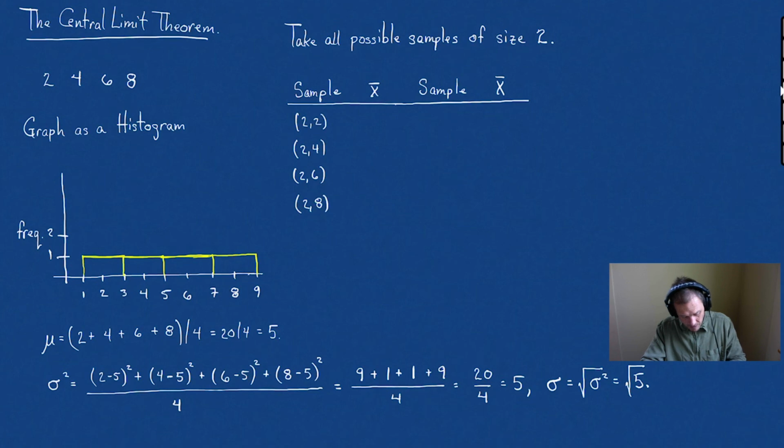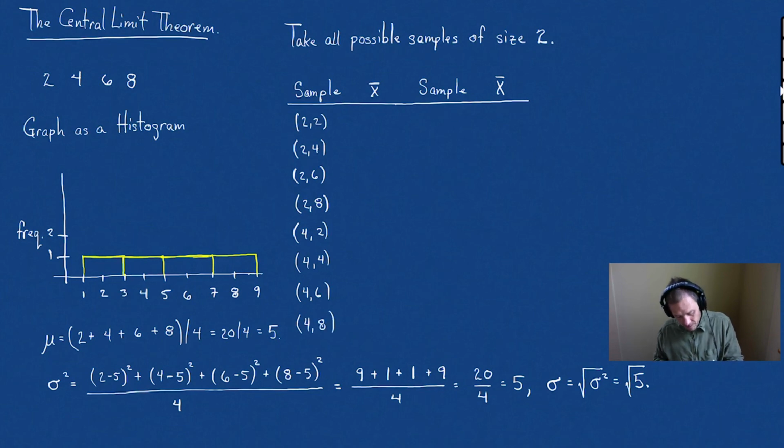And then maybe I'm going to need some space. Hopefully this fits. Now maybe let's start with the 4s. Maybe you grab a 4, then a 2. 4 and a 4. 4 and a 6. And finally a 4 and an 8. Okay, let's keep going. And we'll use our next column. Now maybe you draw a 6 and a 2. Then a 6 and a 4.